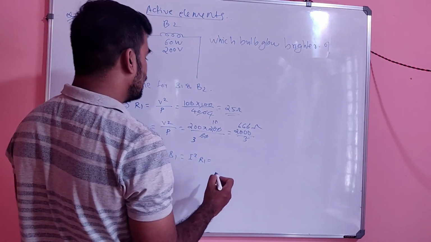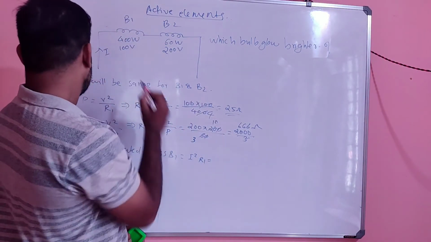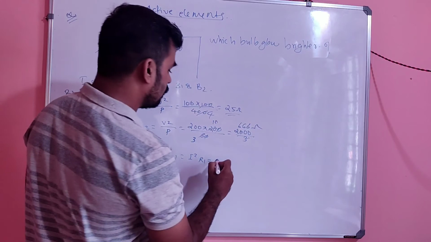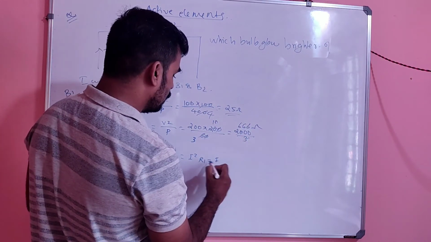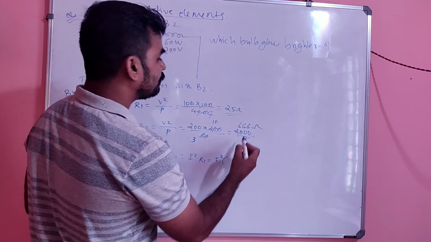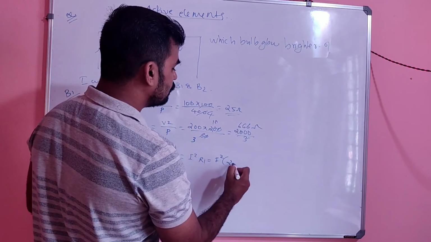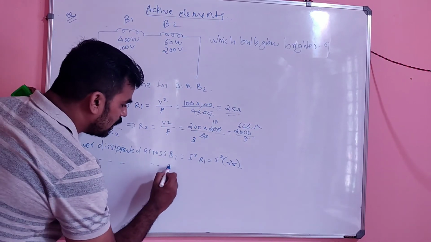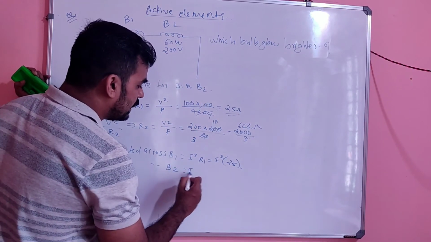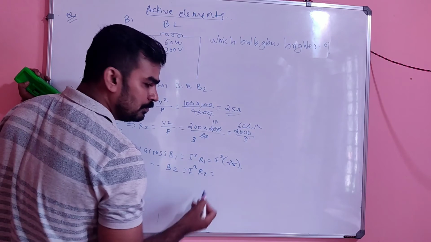So I square is what? I is same now. I square into R1, so let it be I itself. I square into R1 is 25. And power dissipated across bulb B2 will be equal to again I square into R2. Clear?